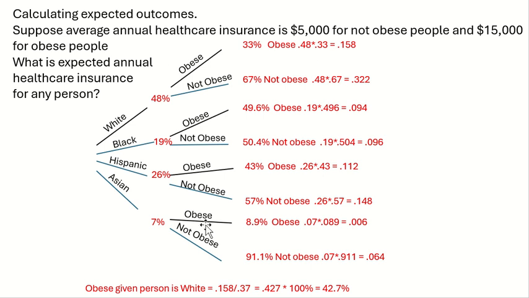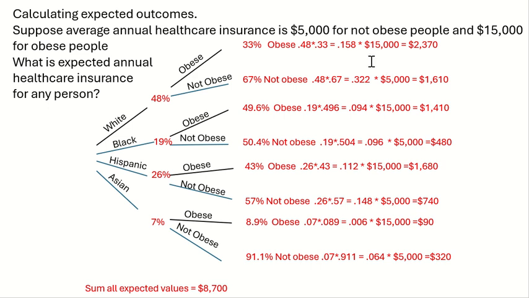We have all of our probabilities from before. The way we got there was we took the percentage of people who go up this branch and the percentage who go up this branch, 0.48 times 0.33, and we do that all the way down.